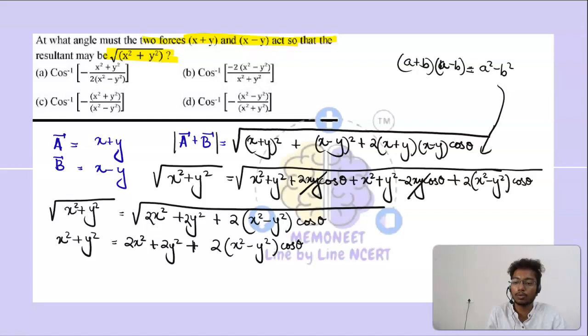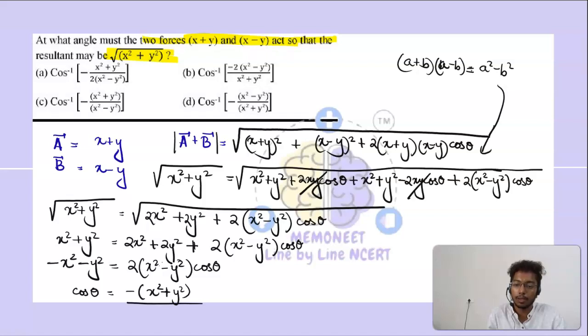So here x square plus y square, and on the RHS side that is 2x square plus 2y square. If we move it to the LHS side, it will have minus x square minus y square, which is equal to 2 whole into (x square minus y square) cos theta. Okay, so here the cos theta value will be minus of (x square plus y square) upon 2 (x square minus y square).